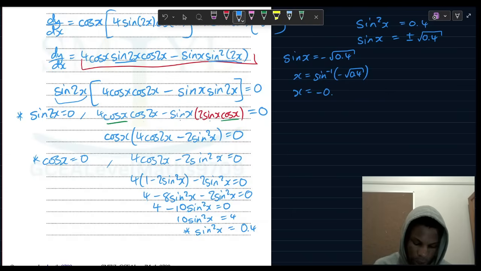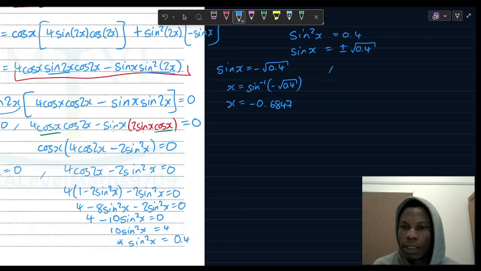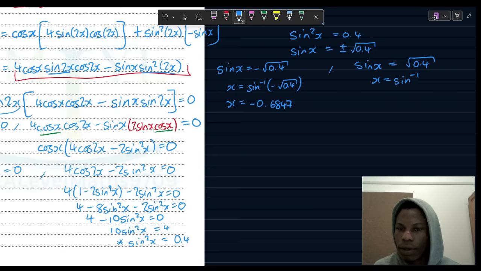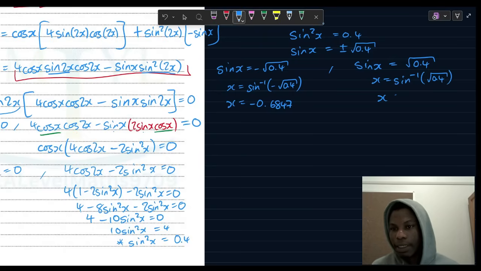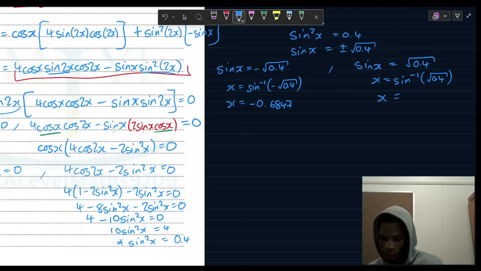negative 0.6847. Let's see what the positive gives us. So sine x is equal to positive root 0.4. X is equal to arcsine of root 0.4.